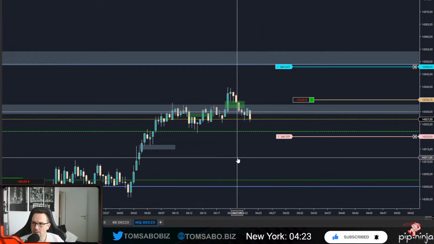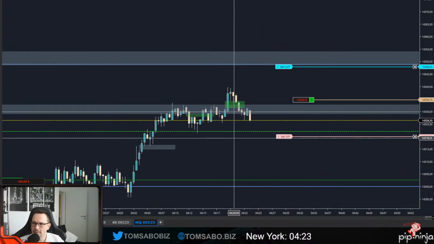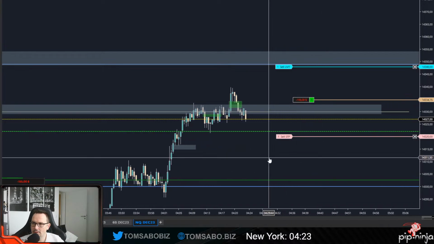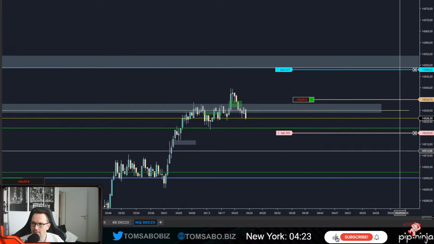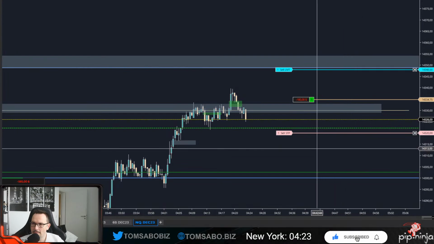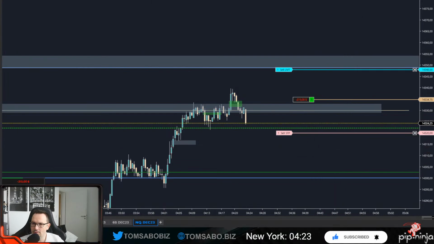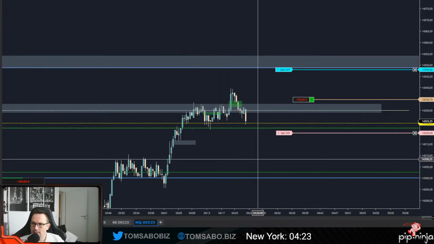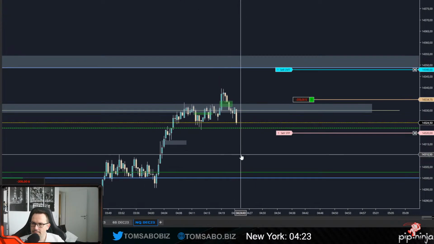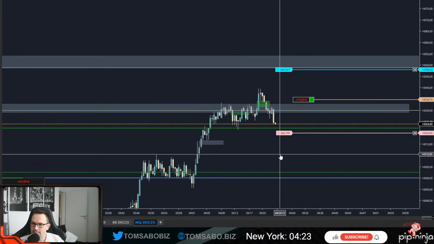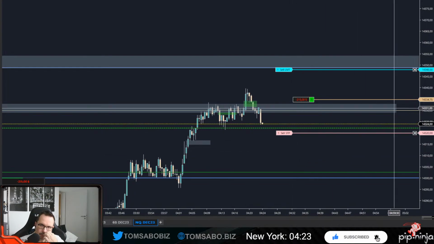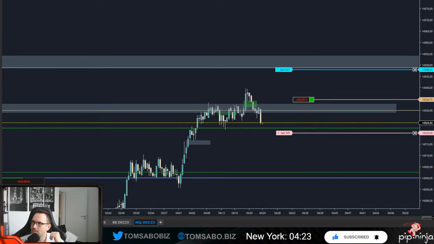Might have to cut it earlier. It's having a hard time to push it to 48, 49. No, no, no. Yes, it's turning. Yeah, problem is we have a down close candle here. It's not looking good. I might have to close it earlier.